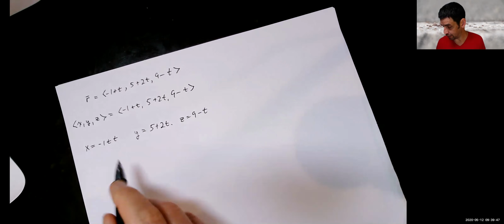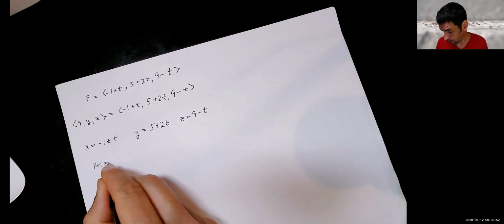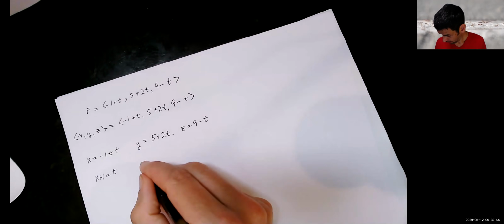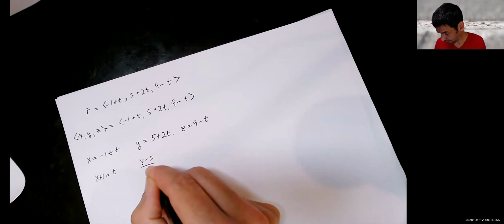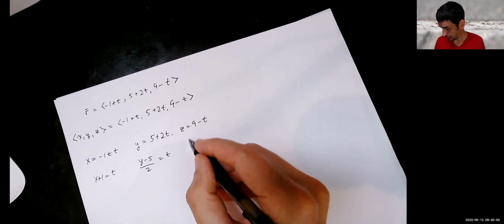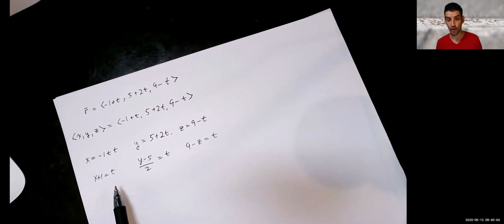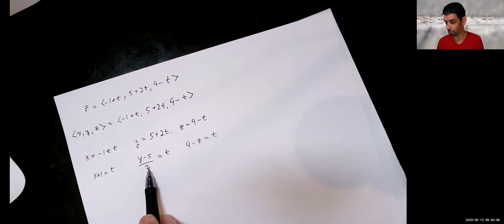So if I solve these equations for t, for instance, this one becomes x plus 1 equals t. This one becomes y minus 5 divided by 2 equals t. And this one becomes 9 minus z equals t. Right? Well, all 3 of these expressions in x, y, and z are now equal to t.